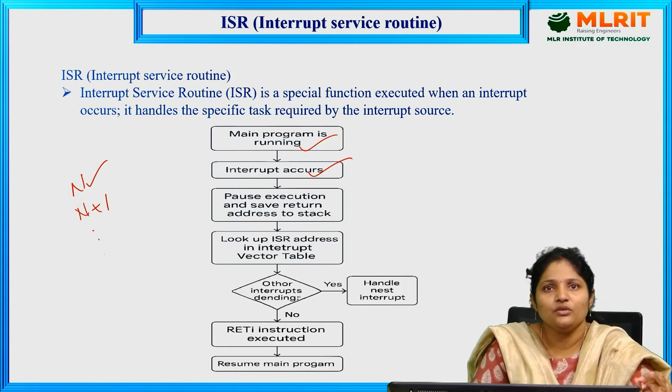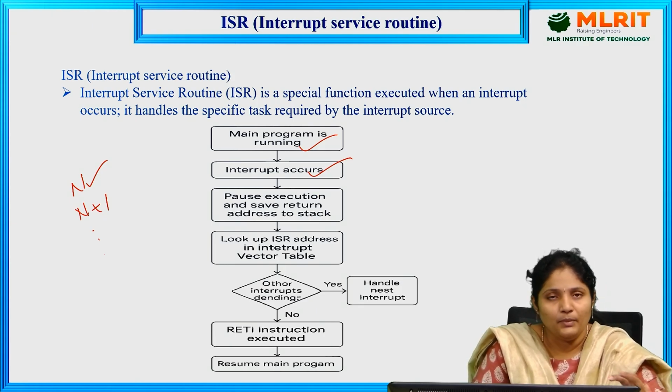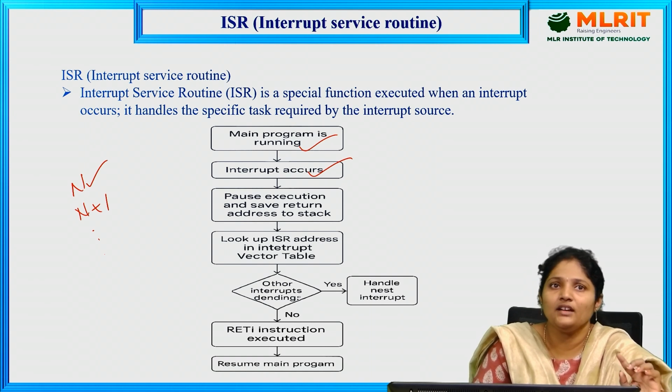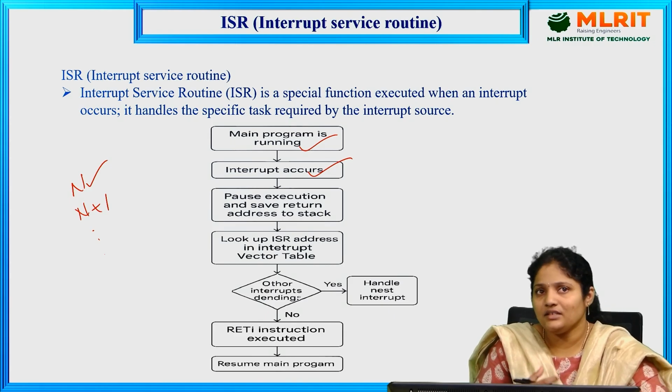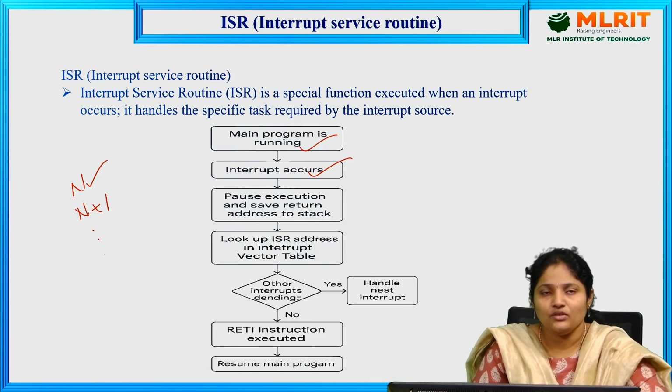Then it will pause the execution of the main program and save the flag registers and important addresses in the stack memory. To execute the next instruction later, it needs the address of the next instruction. That's why the flag registers and important addresses are stored in the stack temporarily.